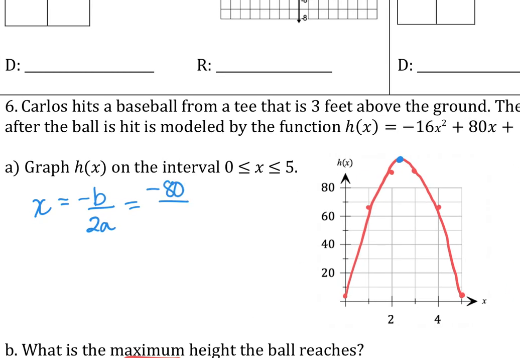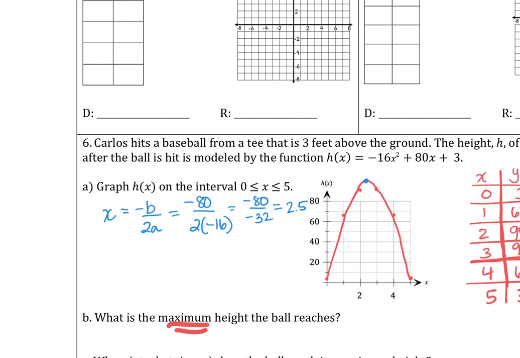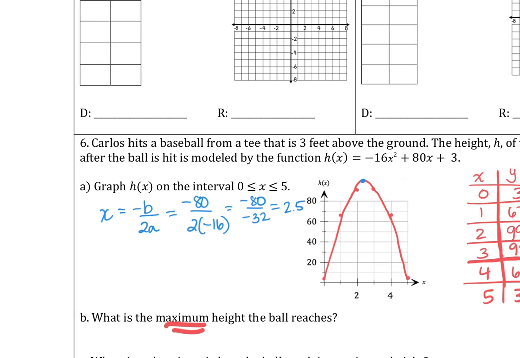So it's going to be negative 80 divided by 2 times that a value, and the a value is negative 16. So then it's negative 80 divided by negative 32, which is 2.5. Very good. So that 2.5 is the x value of our vertex.